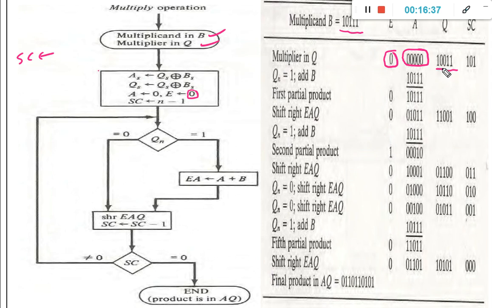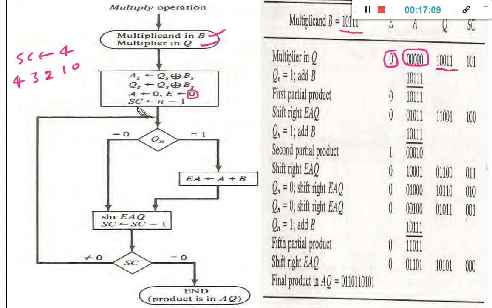Totally 5 bits are there, so we set 5 minus 1, that is 4, initially, because the sequence counter will be repeated till we get the 0 value. So the iterations will be 4, 3, 2, 1, 0. Total 5 iterations must be there, because 5 numbers are there in Q.